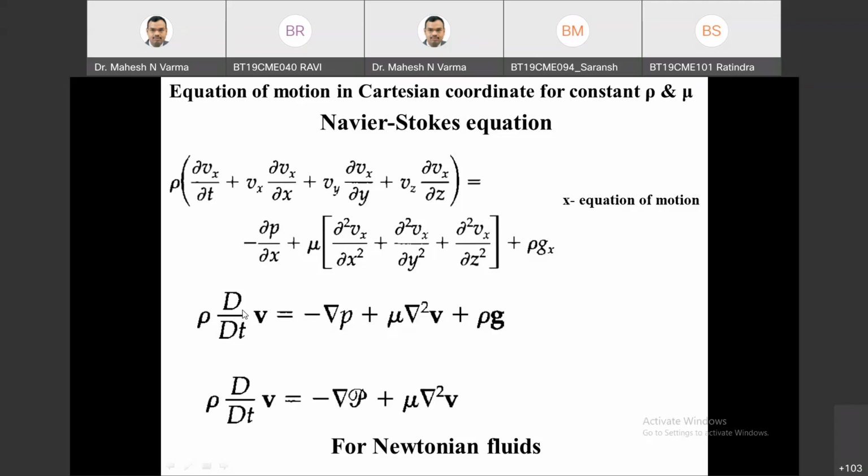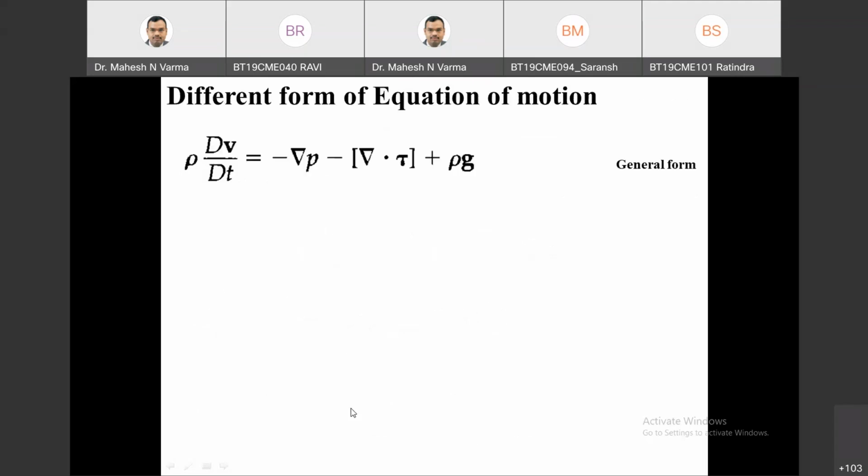And this is a combined pressure form. So this is the Navier-Stokes equation with pressure and gravity. This gravity is a kind of potential head, and this is the pressure head. If we combine them together, this is the combined pressure form of the Navier-Stokes equation. So this is the general form of the equation: the first general form of the equation of motion.